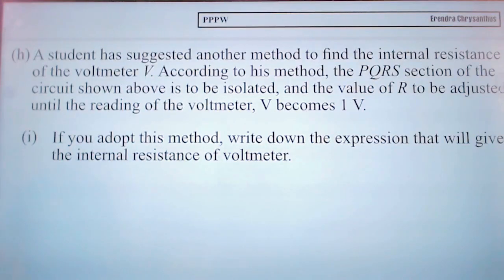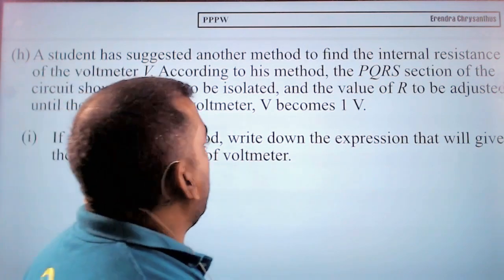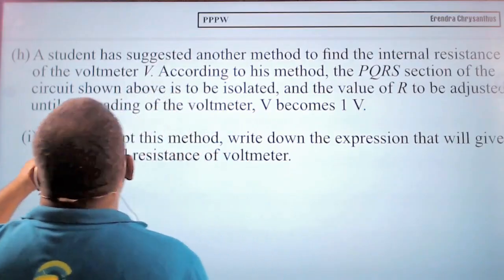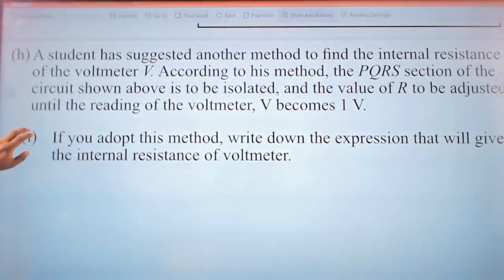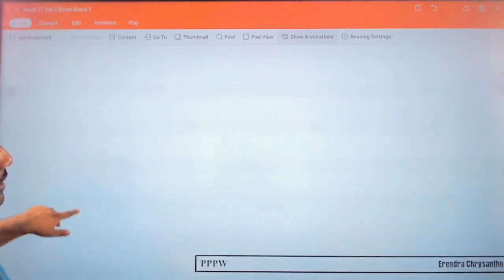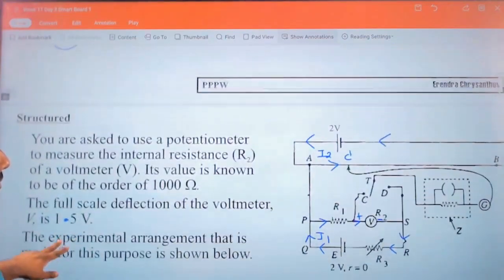A student has suggested another method to find the internal resistance of the voltmeter. According to his method, the PQRS section in the circuit above is to be isolated and the value R adjusted until the reading of the voltmeter becomes 1 volt. So that means, look at the circuit below.